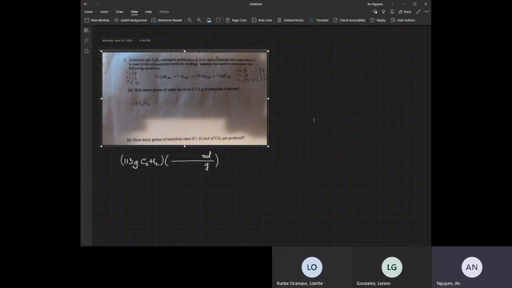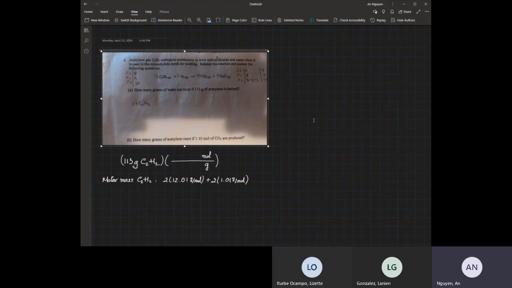And then we want to find the molar mass of C2H2, because molar mass will help us convert from grams to moles or vice versa. So we have 2 carbon, which is 12.01 grams per mole each, plus 2 hydrogen, which is 1.01 grams per mole.